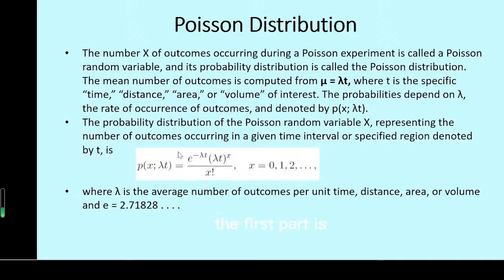The first part is e to the power of minus lambda t. Here lambda t is also the mean value for this specified time period. Then times lambda t to the power x. For example, if x is 2, we fill in 2 factorial in the denominator and lambda t squared, then times e to the power of minus lambda t.